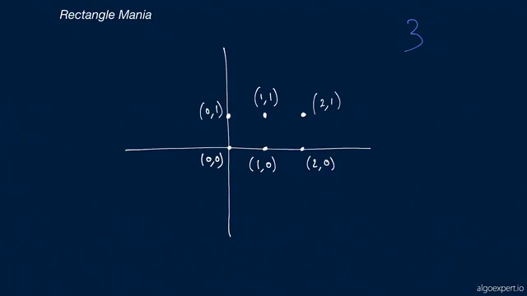Things start to become easier. If we realize that we need 4 corners to have a rectangle, then instead of trying to arbitrarily find rectangles, we can say, let's find 4 corners. And if we find 4 corners, then we've found a rectangle.